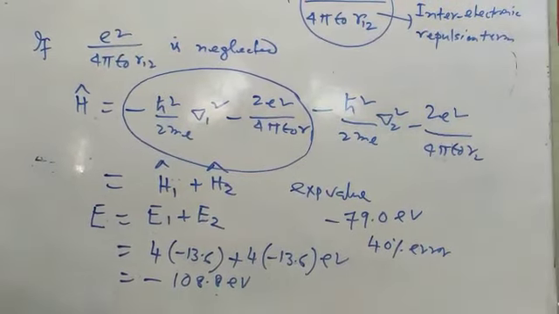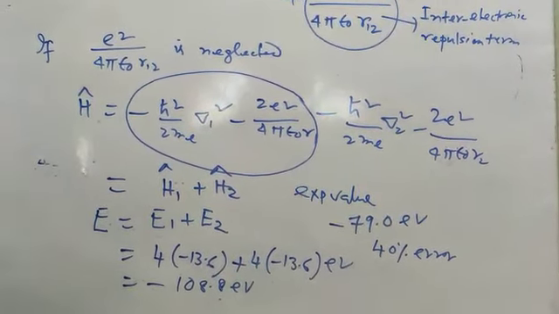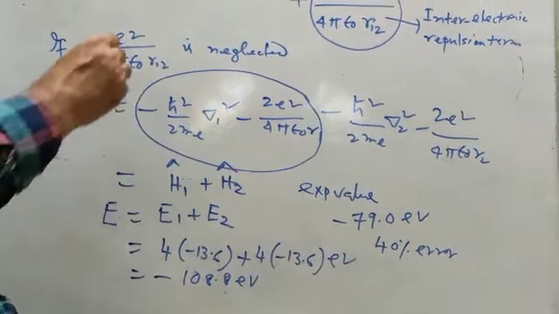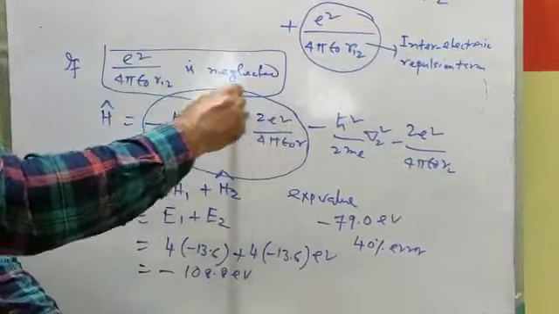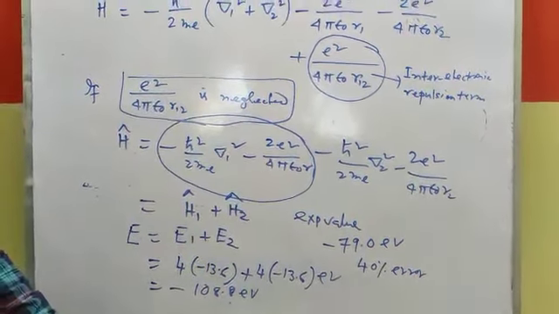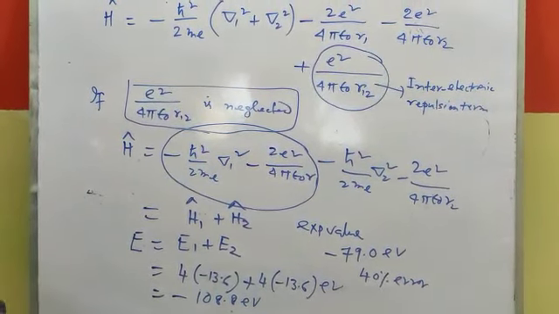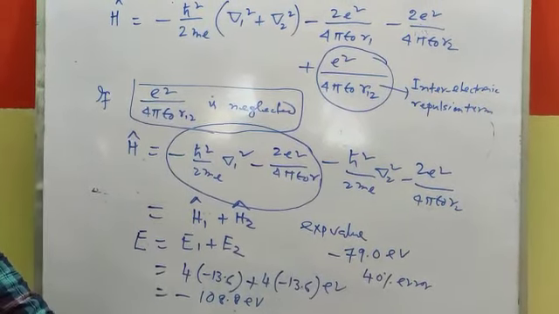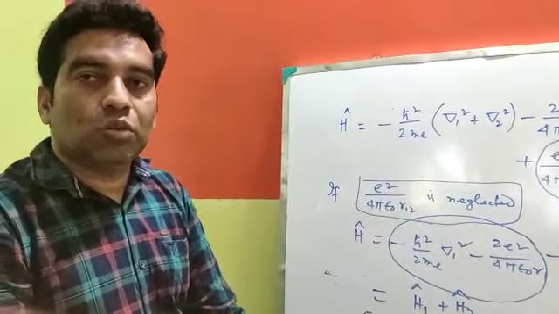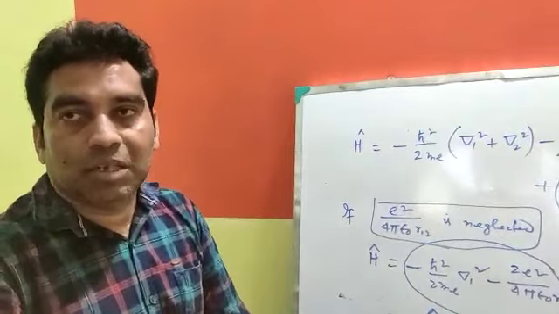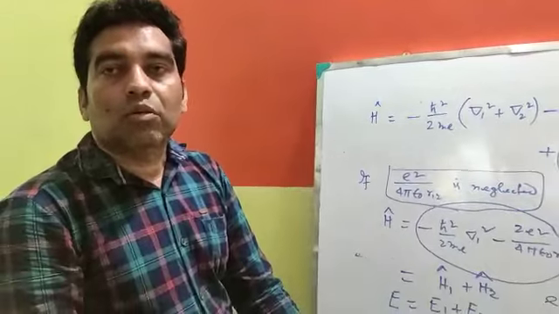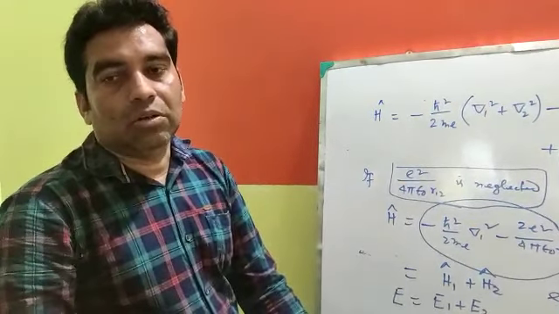So it clearly shows that the interelectronic term cannot be neglected. You have to take this term in your Hamiltonian and then try to solve the problem. So that's why the two-electron system is not exactly solvable. So we have to resort to some approximate method by which one can calculate the energy for the multi-electron system.